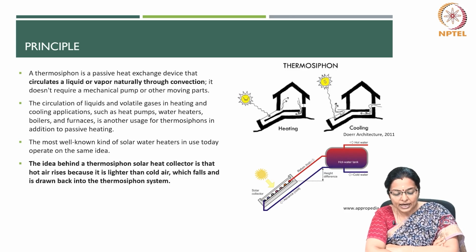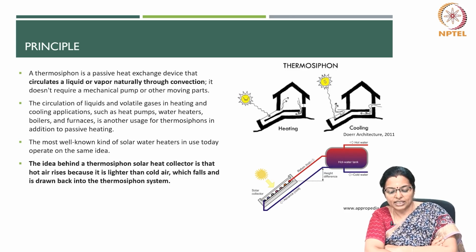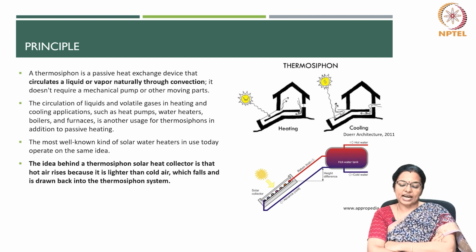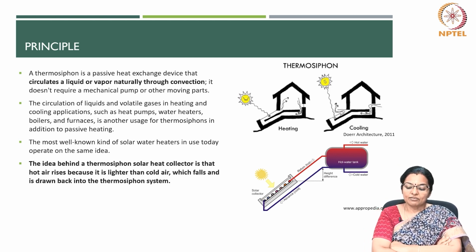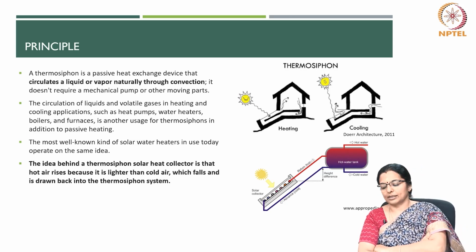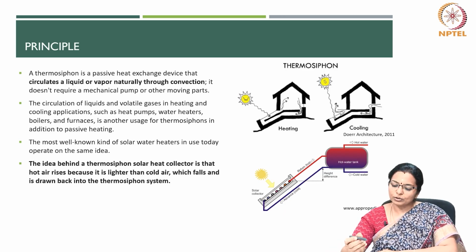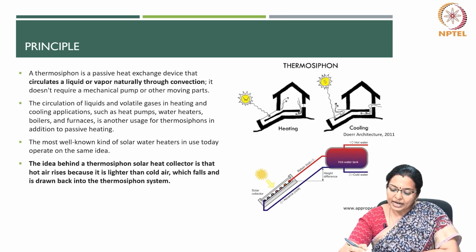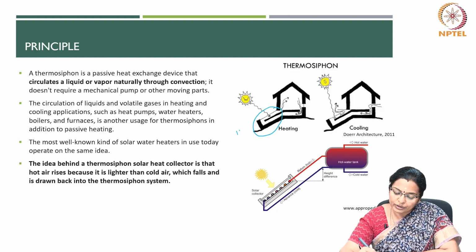The idea behind a thermosiphon solar heat collector is that hot air rises because it is lighter than cold air, which falls and is drawn back to the thermosiphoning system. So, a thermosiphon system comprises a separate isolated unit on which solar radiation falls.